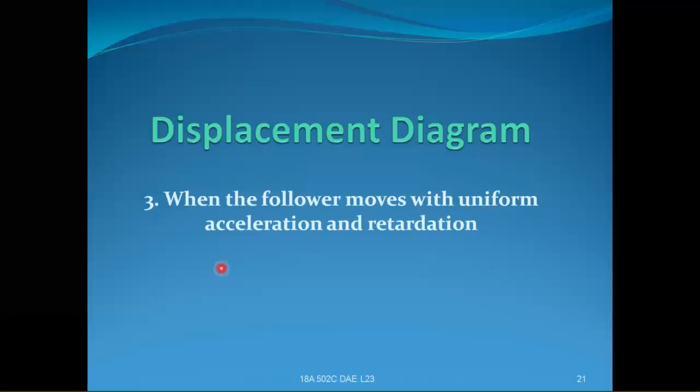the displacement diagram when the follower moves with uniform acceleration and retardation.